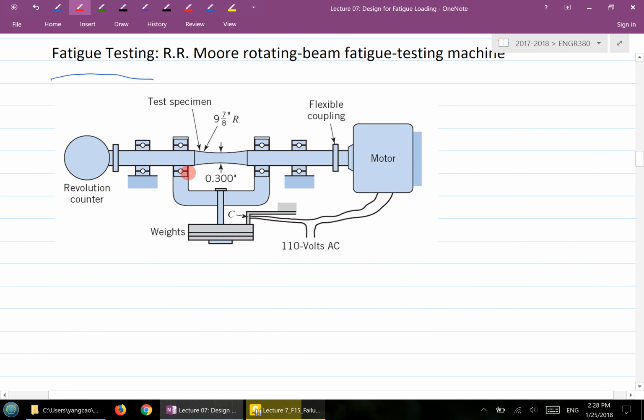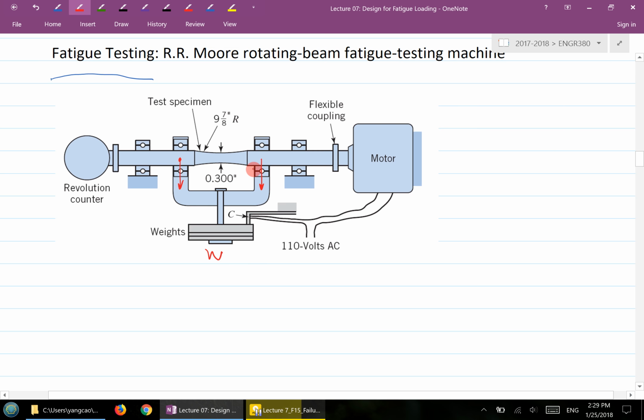Let's take a look at the principle behind this R.R. Moore rotating machine. Here is the weight W, and here is the sample, with two bearings here and two bearings here. The weight is attached at this location, which causes downward force loading at the two bearing locations.